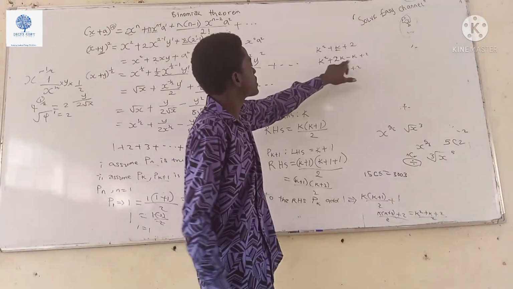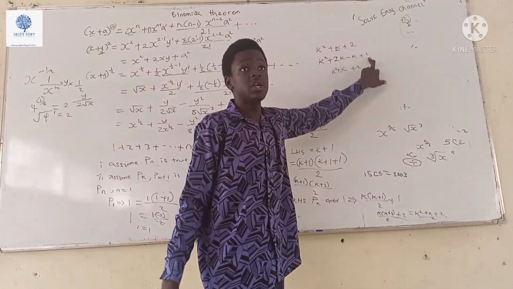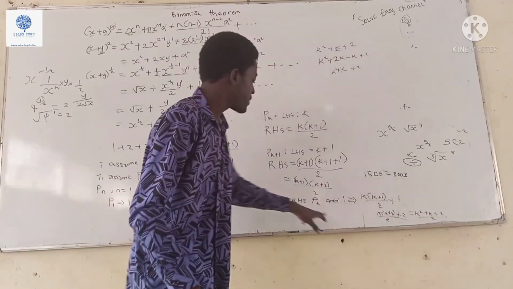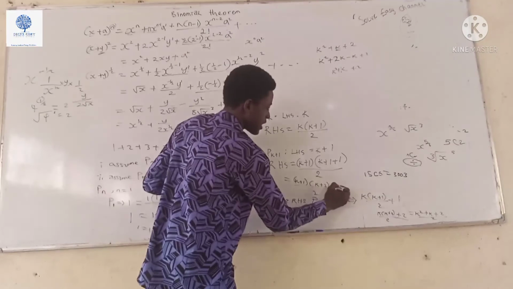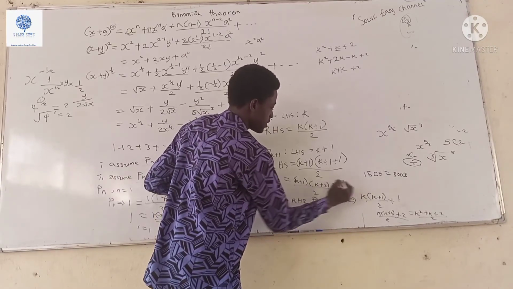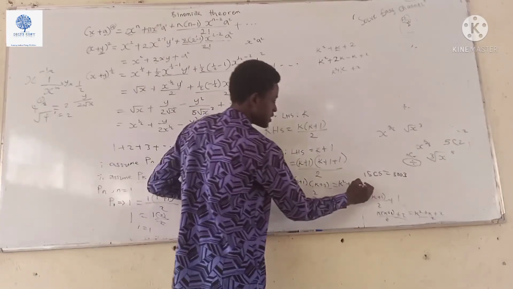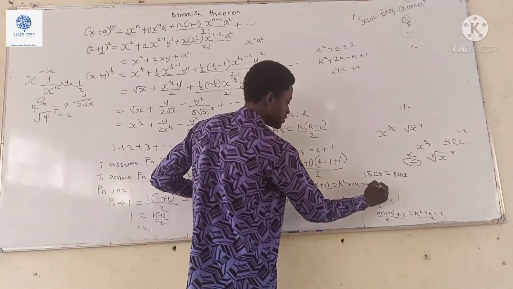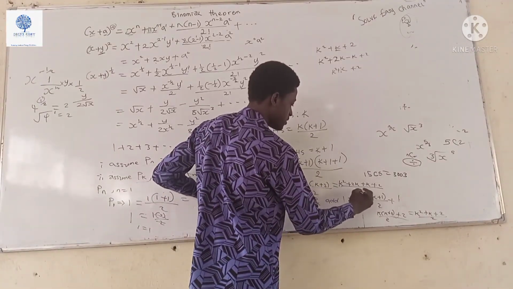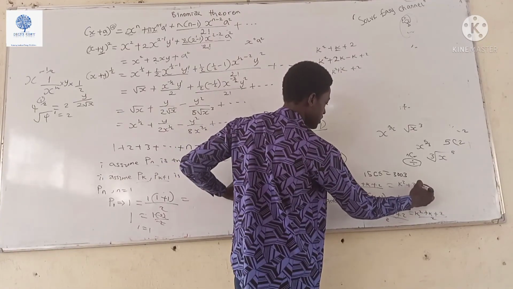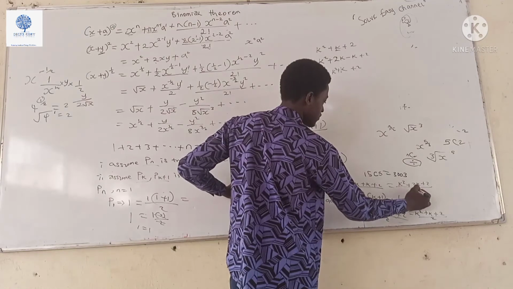But 2 times minus 1 can't give you a positive 2. So the only way we could express this is by saying k times k is k squared, k times 2 is plus 2k, 1 times k is k, 1 times 2 is 2, all over 2. This gives us k squared plus 3k plus 2 all over 2.